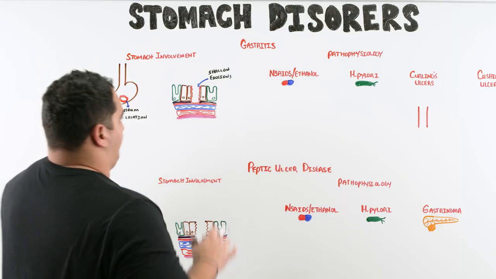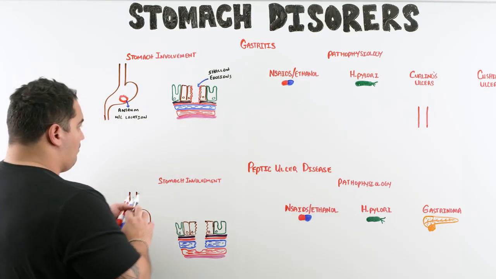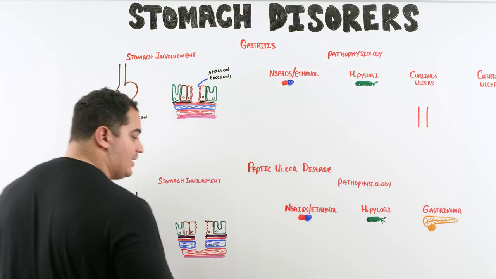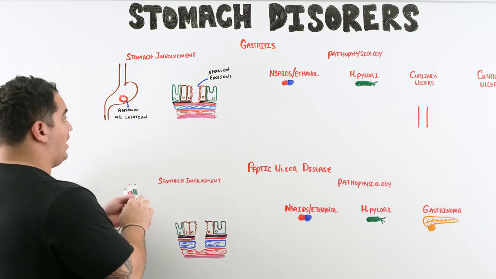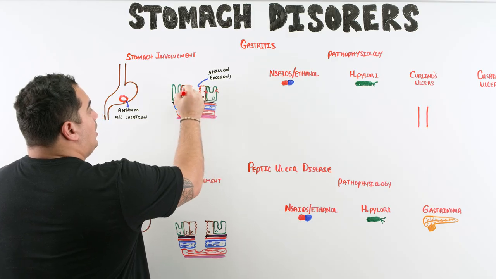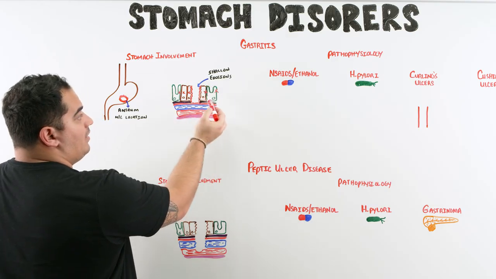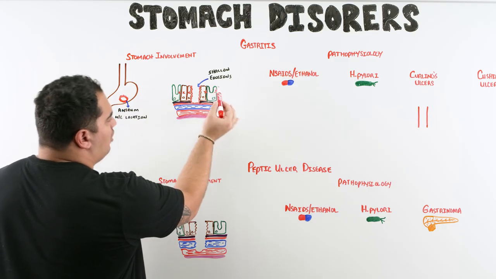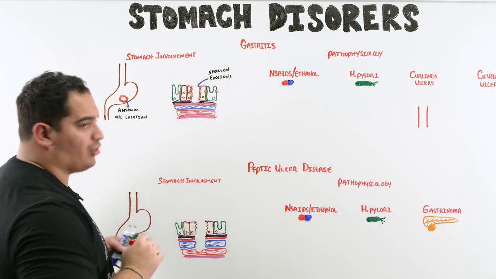Another thing is that gastritis causes generalized inflammation. So a lot of these cells, like the parietal cells, the chief cells, the mucus-containing cells, all of these things become a little bit inflamed and injured.